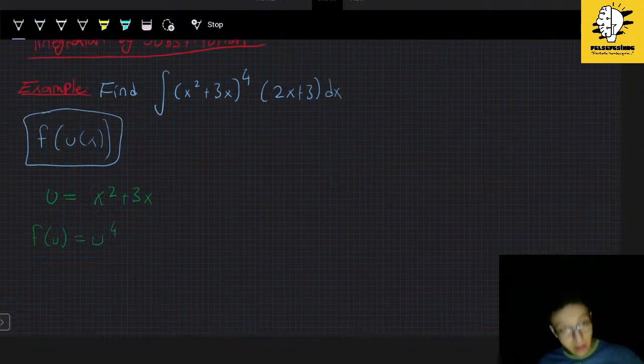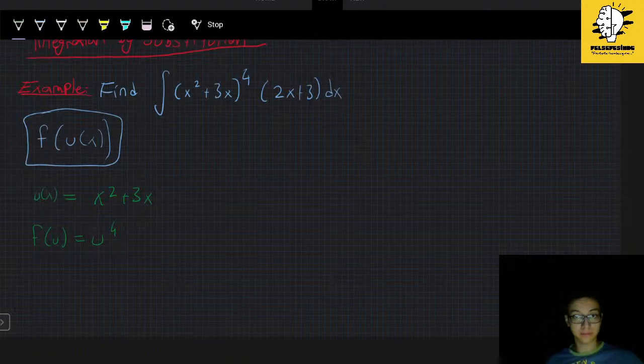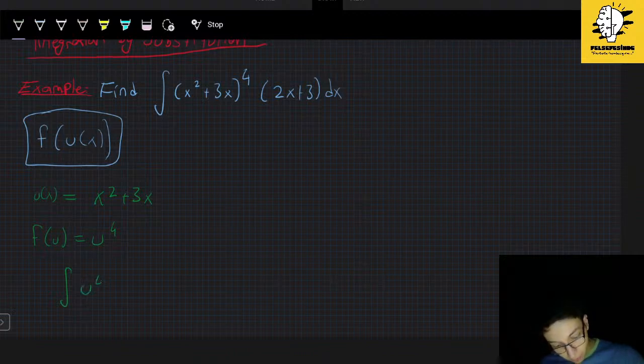Now I solve all those things, let's say u of x for this one. I have just put that in here. Now when I do this, I will realize that my problem will become u to the power 4 times 2x plus 3 dx, right?